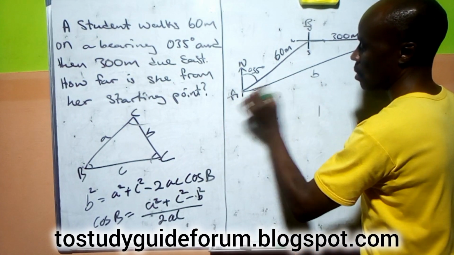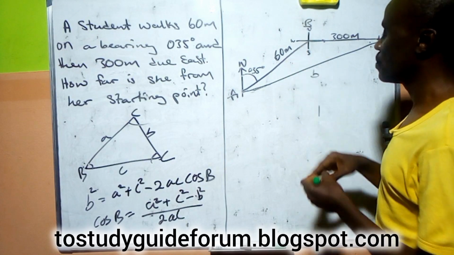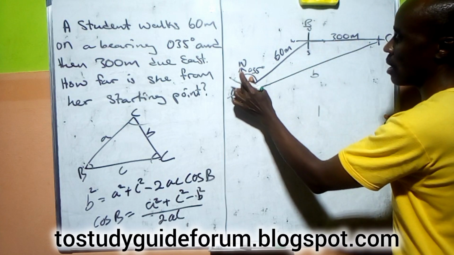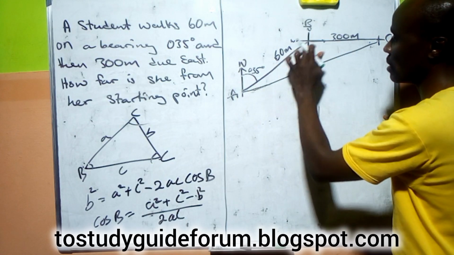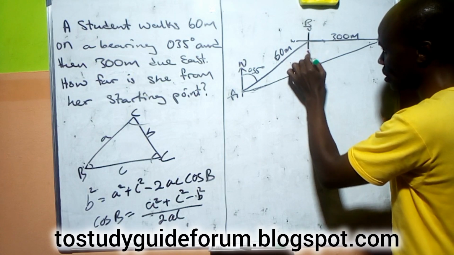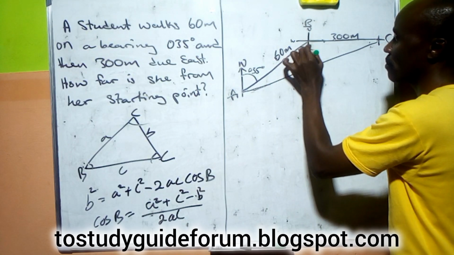Before we do that, we need to find the angle. Now look at this. This seems to be an alternate angle because the lines are parallel to each other. If you cross it, you find they are all parallel lines. That means here is 35.